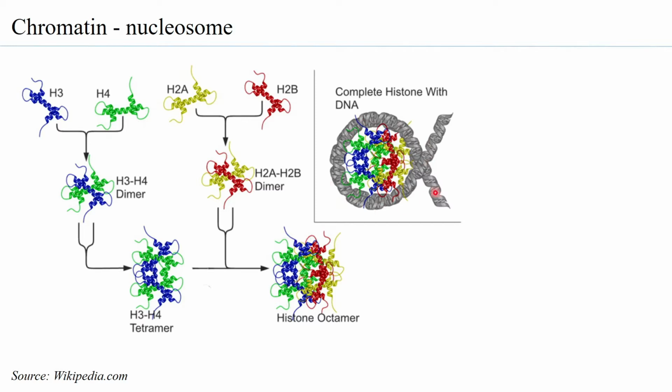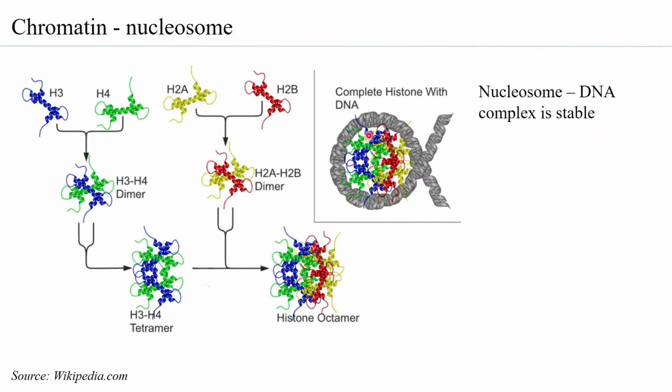The reason for holding on to this DNA is because the tails have a high percentage of basic amino acids like lysine and arginine. Because of that, the positive charge on the tails is high, and hence it will attract the negatively charged DNA to wind around the structure.